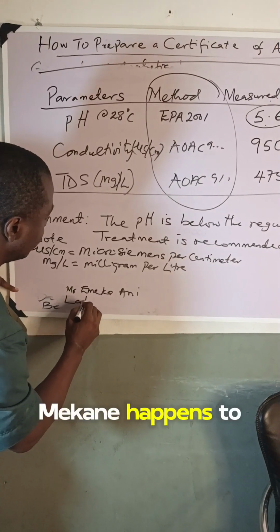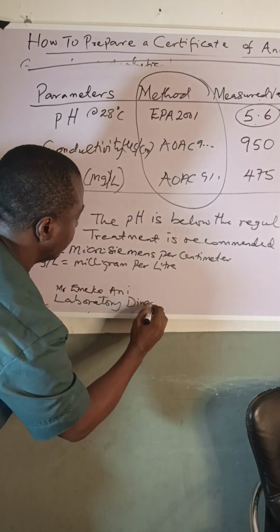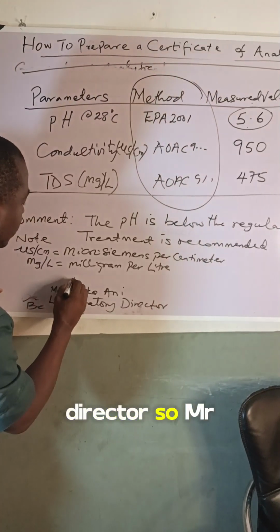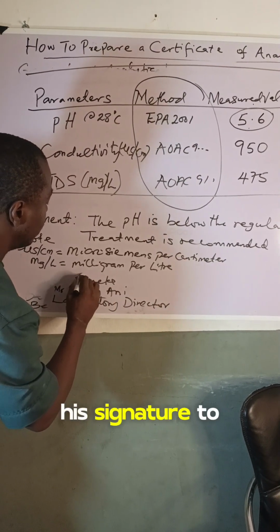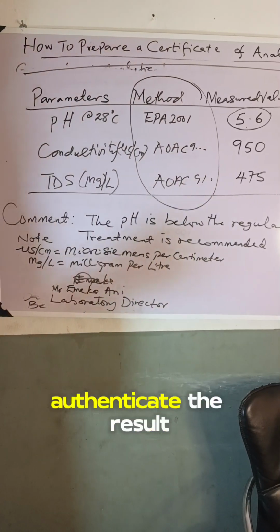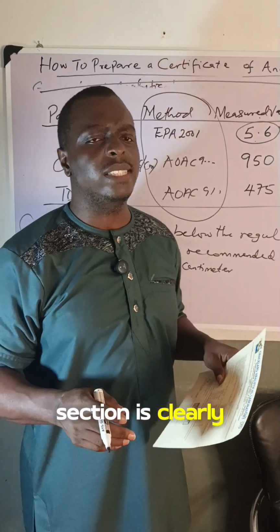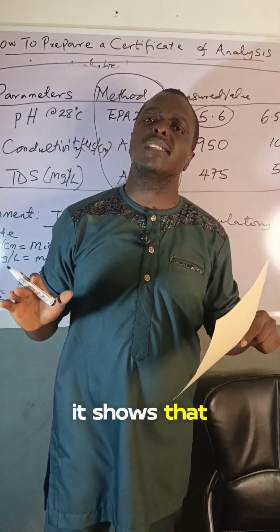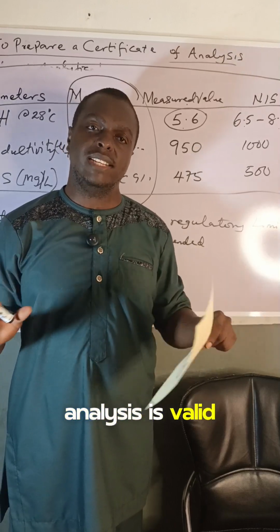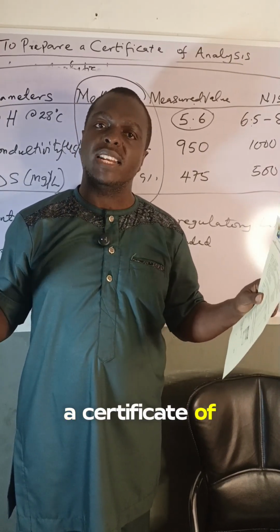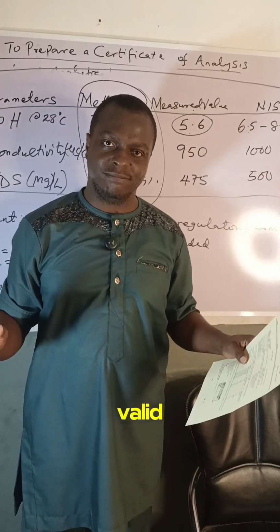And Mr. Emeka Ane happens to be the laboratory director. So Mr. Emeka Ane will have to sign his signature to authenticate the result. Then, if this section is clearly written, it shows that this test report or certificate of analysis is valid. A certificate of analysis without the authorization is not valid.